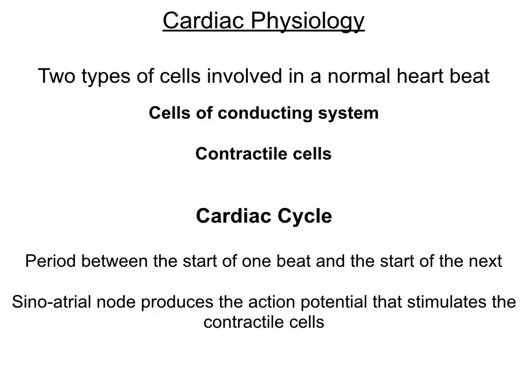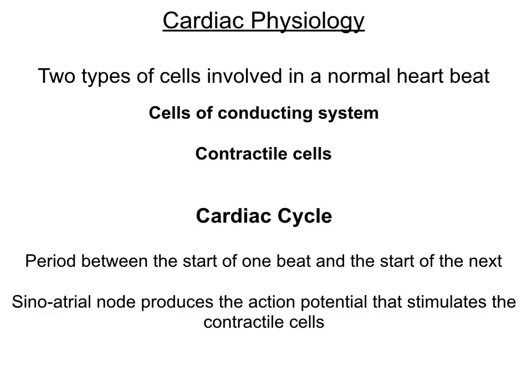Your cardiac cycle is going to begin with a small little structure we're going to talk about a little bit more, called the sinoatrial node. And this one little node produces the action potential that actually begins each heartbeat.